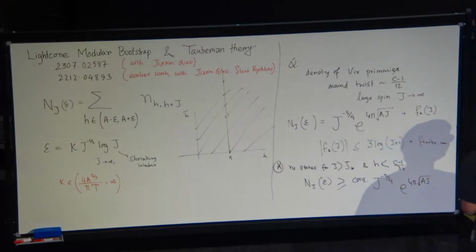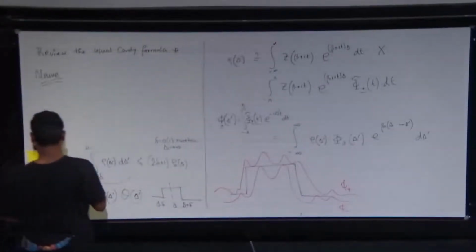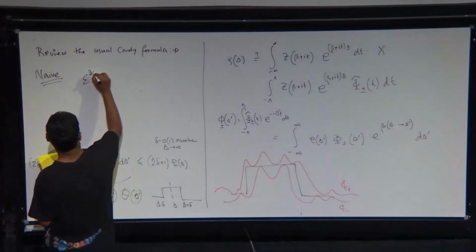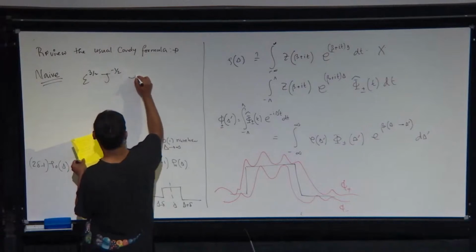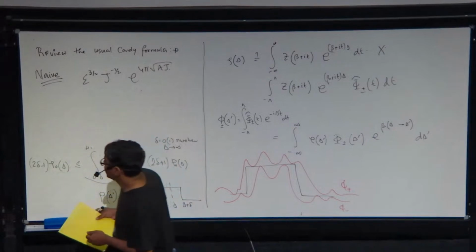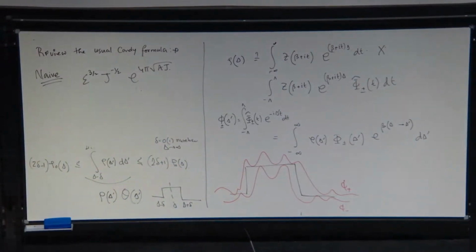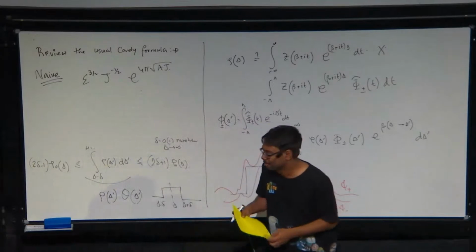So the naive answer will predict in this window the number of operators is epsilon to the power 3/2, j to the power minus 1/2, e to the power 4 pi square root of a j. And you can see if you plug in epsilon equals j to the power minus 1/2 log j, you will recover this minus 5/4. So the naive analysis in the leading order gives you the right answer.